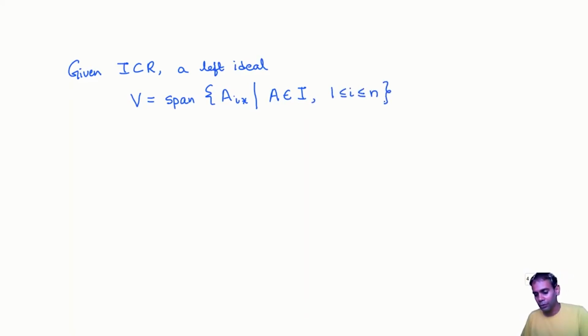This is of course usually a huge infinite set, but it's going to be a subspace of K^n. It's going to be a finite dimensional vector space, spanned by a finite set of such rows. And now what I want to show is that I is actually equal to R(V).